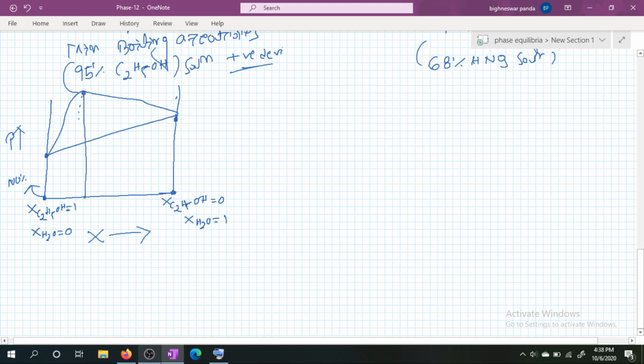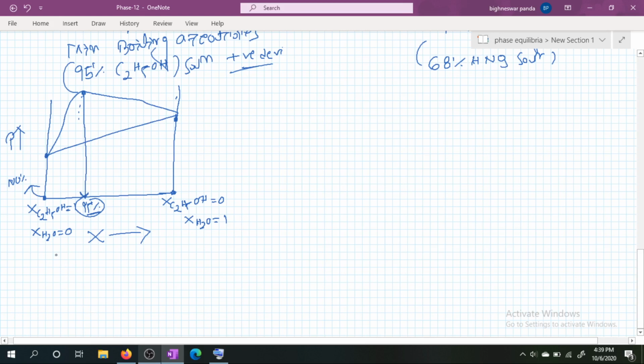This point represents 95% alcohol and 5% water. At that point, they have maximum vapor pressure. That means this is the azeotropic composition at which they have maximum vapor pressure. That means both the vapors of alcohol and water can be found at this composition.